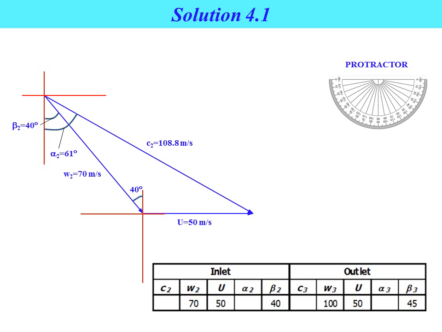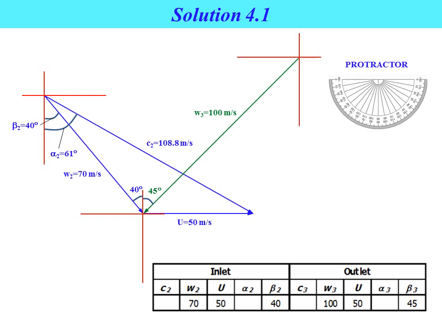Okay, for the velocity diagram at the outlet, you already know the value for beta 3 and also W3. So just draw by using the protractor a straight line with an angle of 45 degree, and the length should represent the value of 100 meter per second, that represents W3.